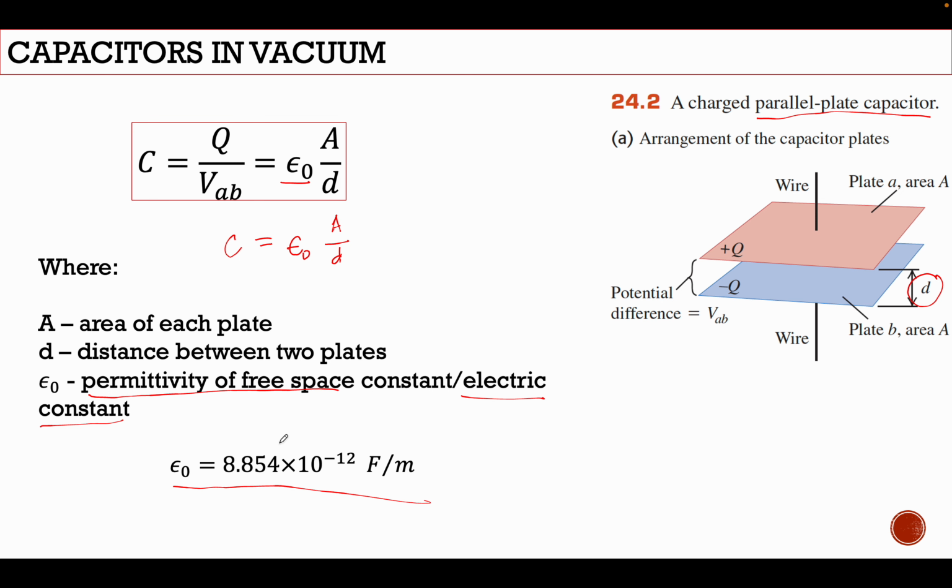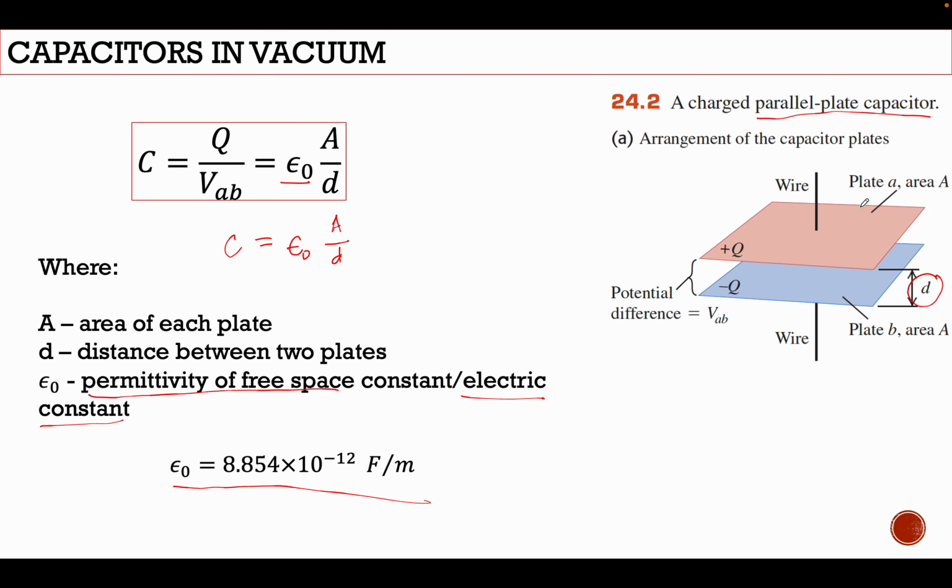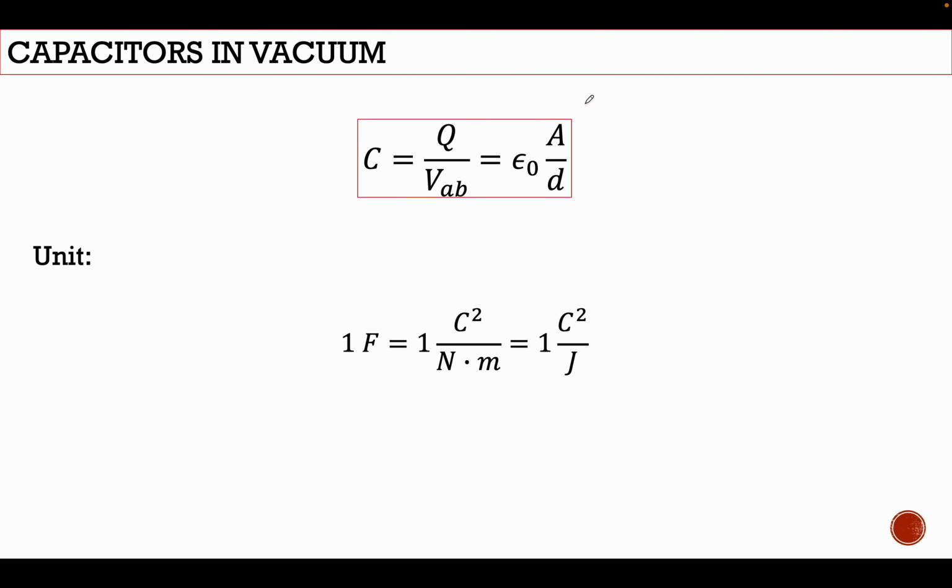Okay. The unit for the capacitance in terms of the area and the distance between two plates is: 1 farad is equal to 1 coulomb squared per Newton times meter, or 1 coulomb squared per joule.